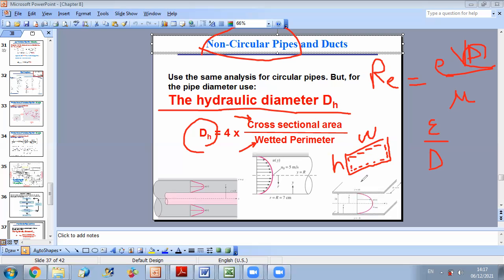It's equal to 2h plus 2w, while the cross-sectional area is equal to h times w.